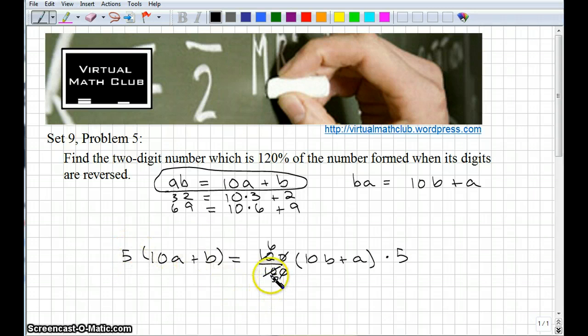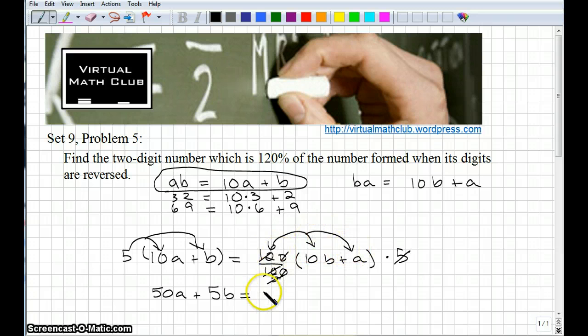What that does is this 5 and this 5 will become a 1. And I can use the distributive property and distribute the 5 between the two terms. So I get 50a plus 5b is equal to, now my 5's are gone, but I have a 6, so I'm going to distribute the 6.